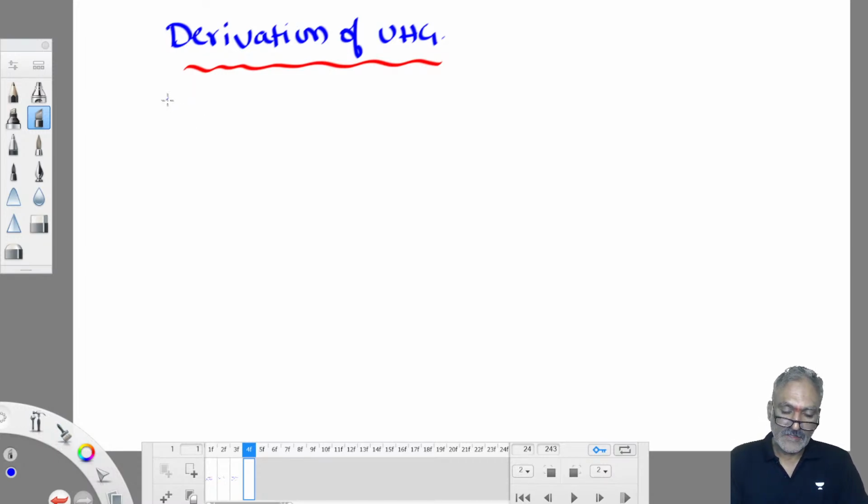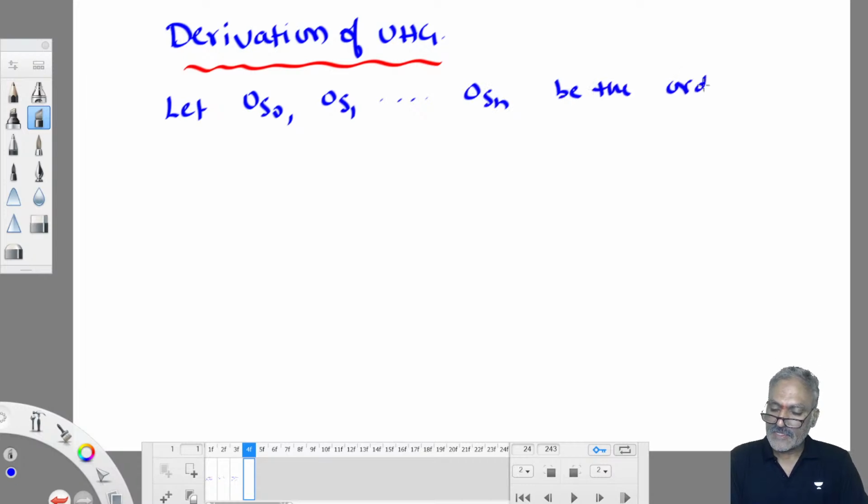The storm hydrograph is given to you. Let OS0, OS1, ..., OSN be the ordinates, meaning discharge ordinates, of our storm hydrograph.